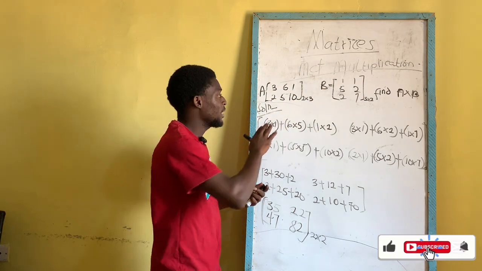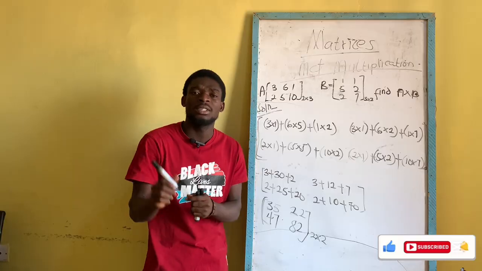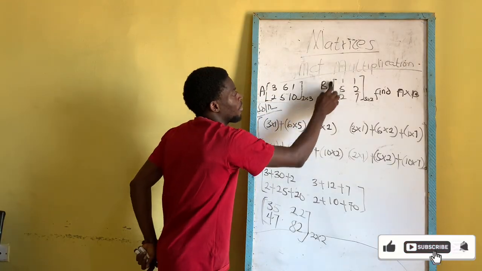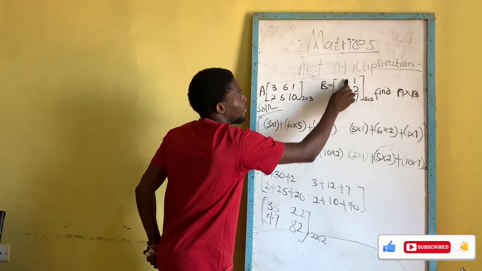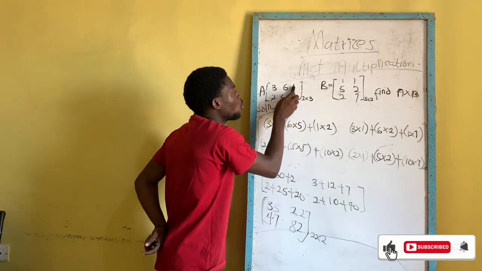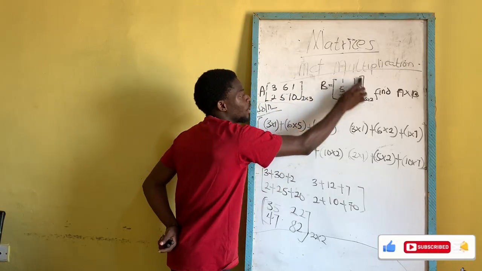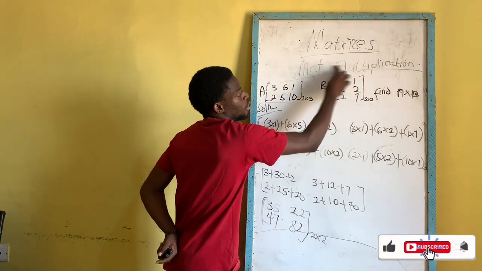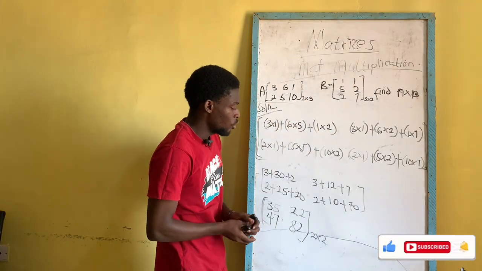So you are multiplying the rows by the columns, and not the columns by rows. So first row multiplied by the first column and the second column. Second row multiplied by the first column and the second column. Then from there, you are good to go.